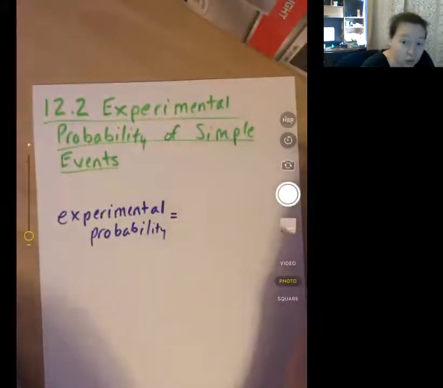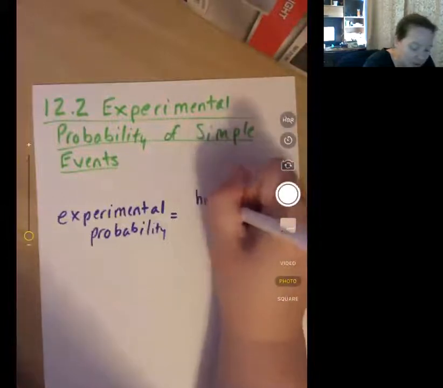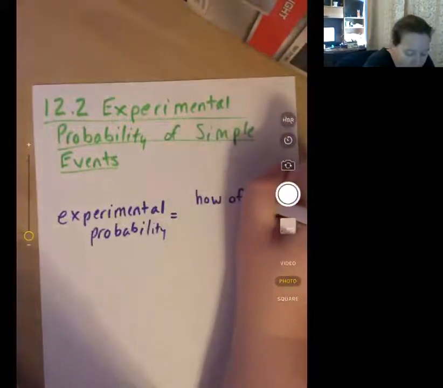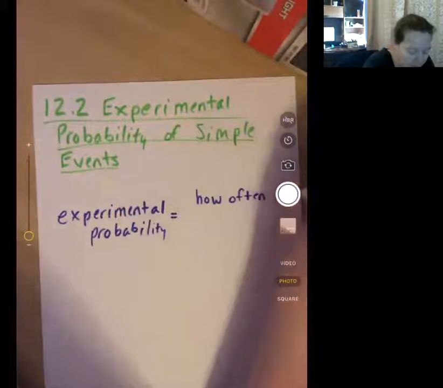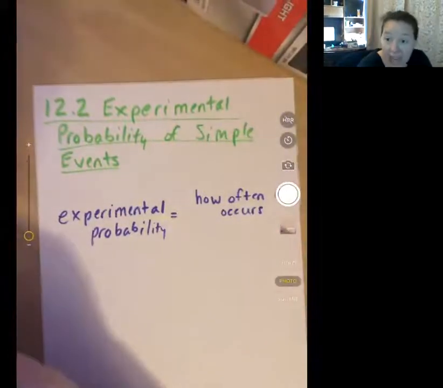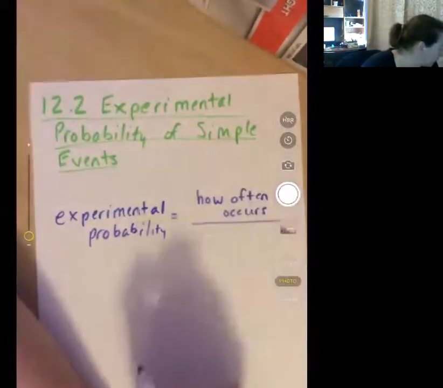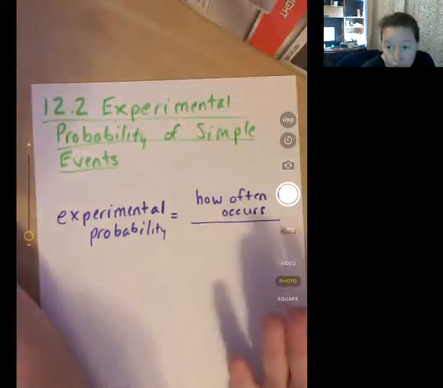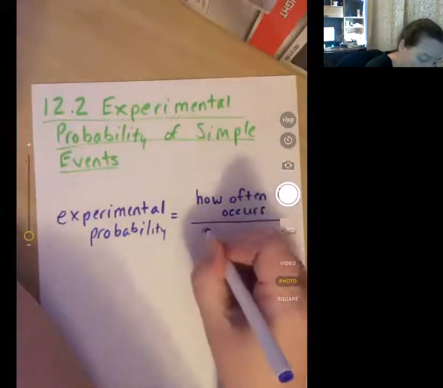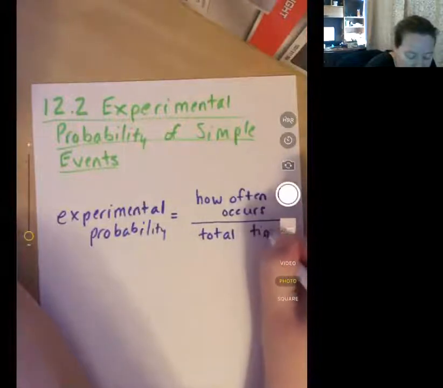That is equal to how often it occurs. So in this case, we were talking about the rain, how often it rains over the total number of trials. Over total, I'm going to put down total times tried.